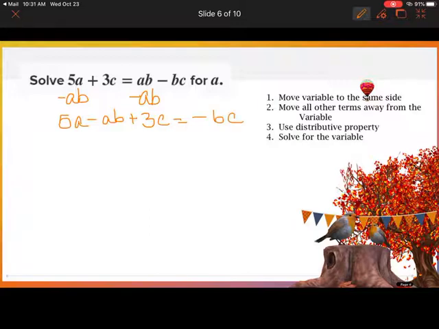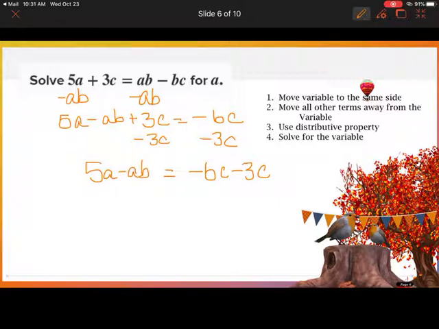Now I need to move all other terms away from the variables. So I need to get this C out of here. So I'm going to subtract 3C. I'm just going to leave negative BC minus 3C equals 5A minus AB.